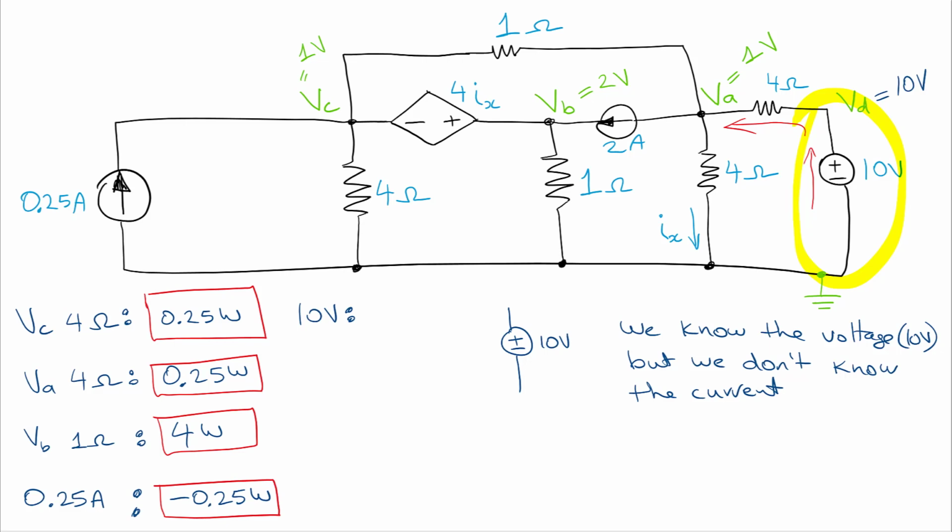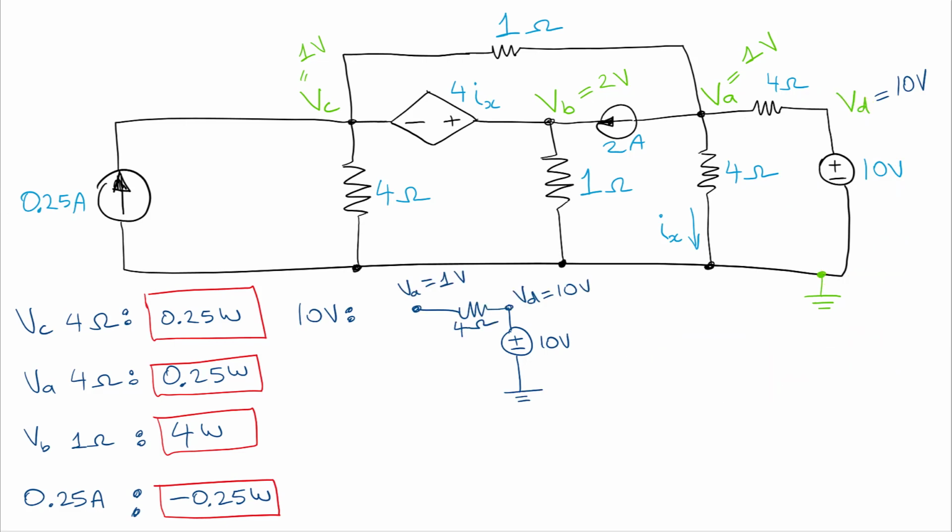And what's nice is that we know the voltage at each end of that resistor. Okay, so let's draw it out just to make it more visible. So we have our drawing right here, okay? And then we have VA equal to 1 volt and VD equal to 10 volts. And we know the resistance, so we can use Ohm's law.